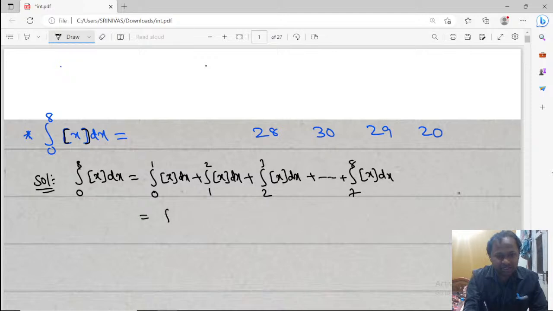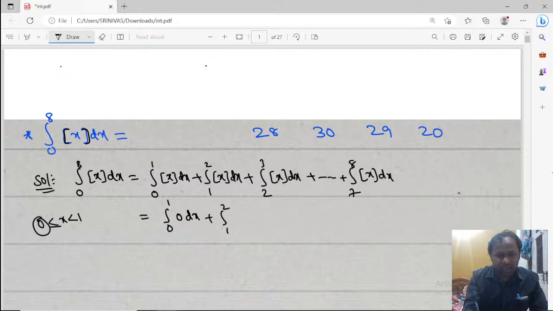0 to 1, here the value is 0, because in 0 to 1, 0 less than or equal to x less than 1, the value will be the least integer, 0. So 0 dx.